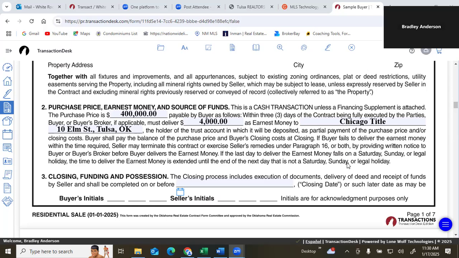Closing, funding, and possession. The closing process includes execution of documents, delivery of deed, and receipt of funds by seller and shall be completed on or before, and you can put, so this is the closing date. Okay, so let's just say it is February 1st, 2025.